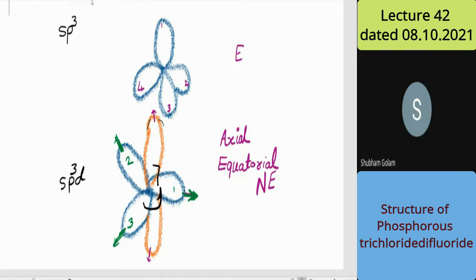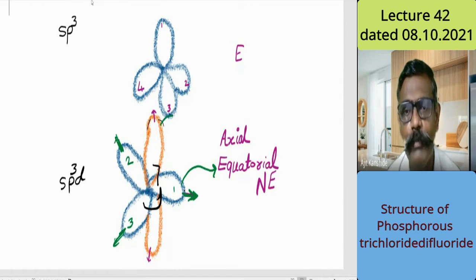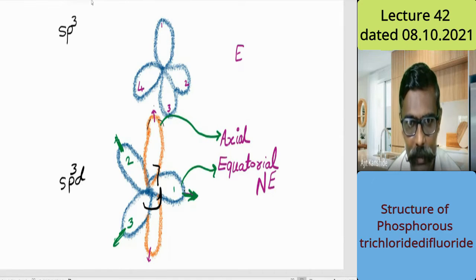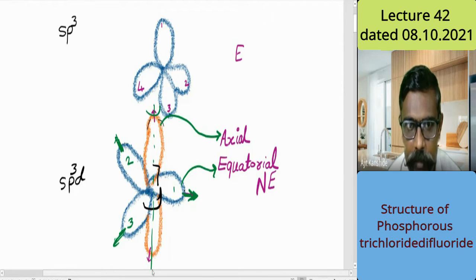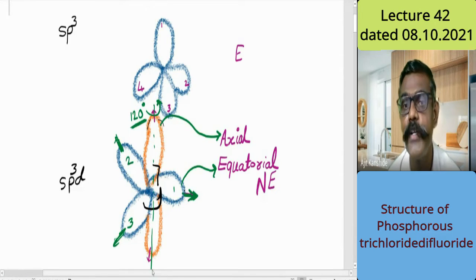Equatorial. Brilliant. Means these are axial. Why? I'll give one answer. If you consider this as the axis, and I rotate this structure by 120 degrees, you will get a similar structure. So the name of this axis is C3.